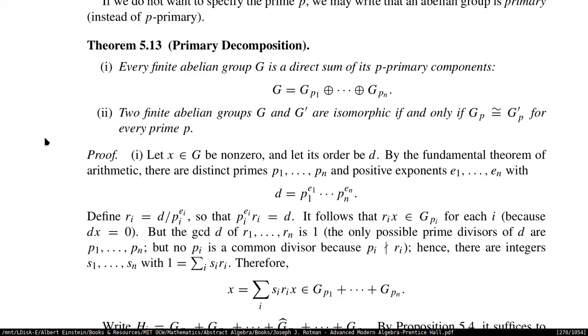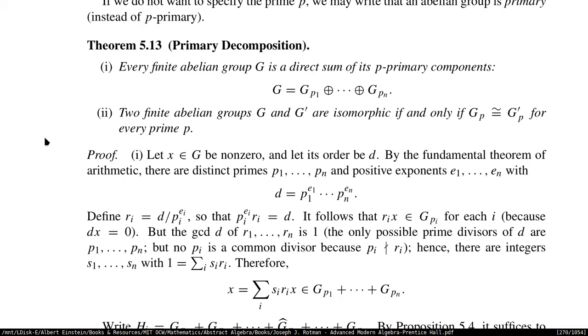So primary decomposition, as JP said, is something quite similar. For every finite abelian group G, you have the direct sum of its p-primary components. So G can be written as G_p1, the p1-primary component for the first prime, and you do this for n primes, and then you take the direct sum, then you get the entire G. That's for a finite abelian group.